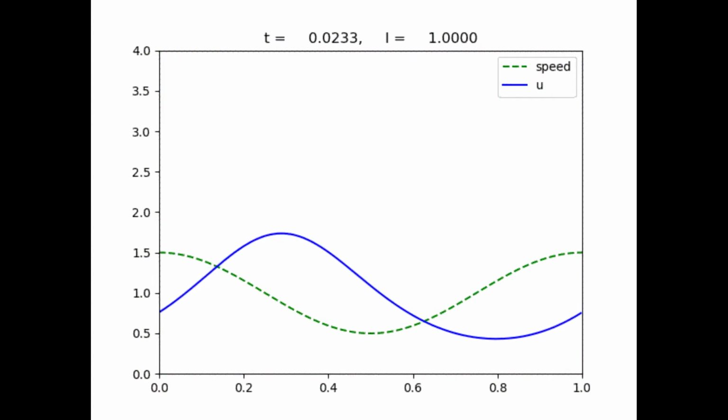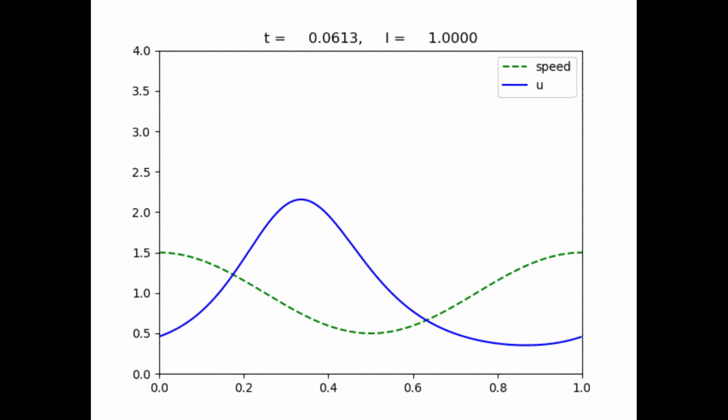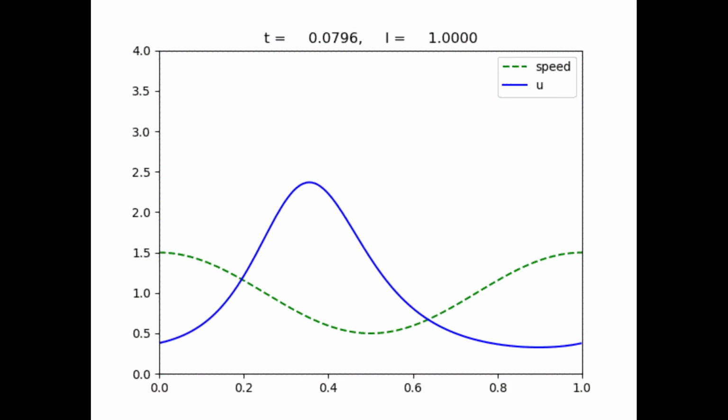The initial data are a shifted sine function, again here in blue, and the other plotted line denotes the velocity. As you can tell, in the middle of the interval, the velocity is rather low, whereas at the boundary points, the velocity is higher.